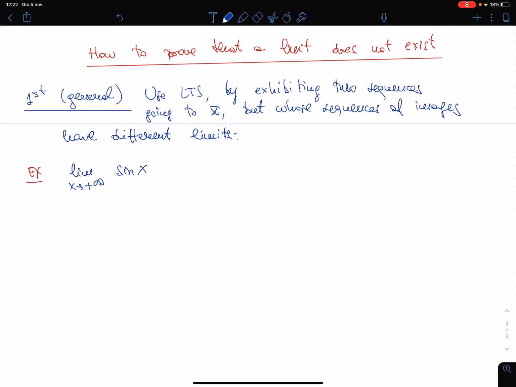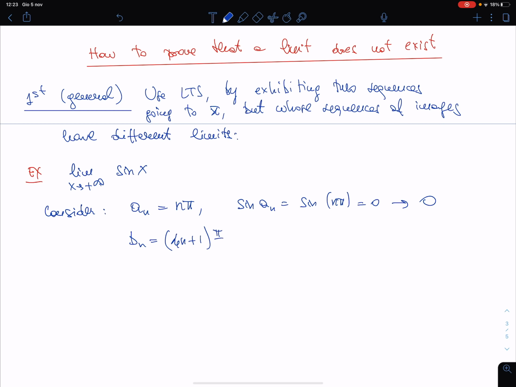Consider two sequences. Let me call the first an, equal to n pi, and we have that sine of an is equal to sine of n pi, which is always 0, so it converges to 0. Consider also bn, which is 4n plus 1 times pi over 2, namely 2n pi plus pi halves.